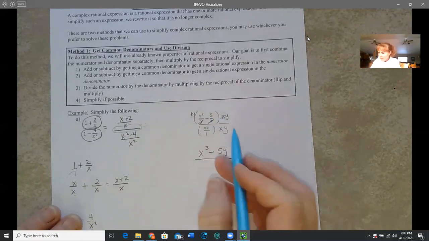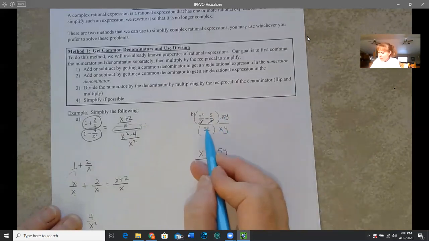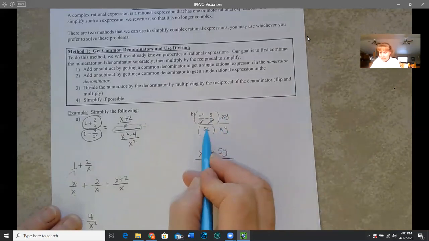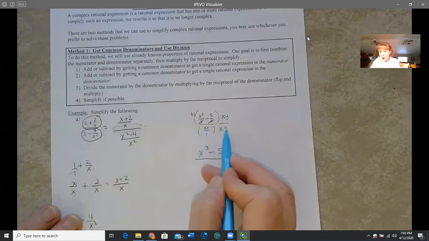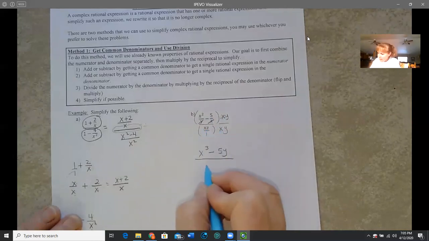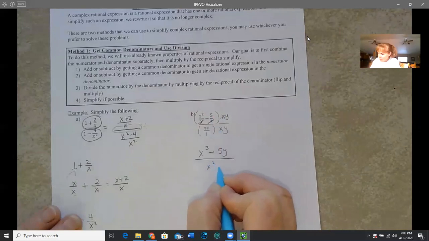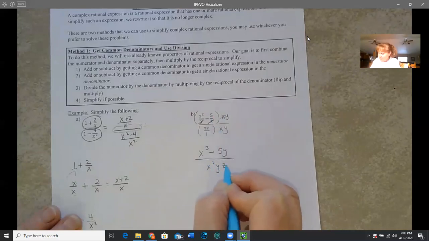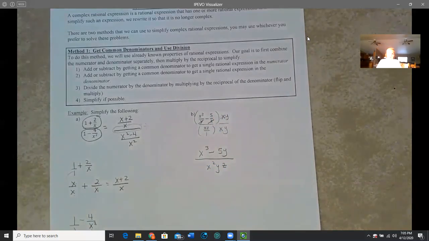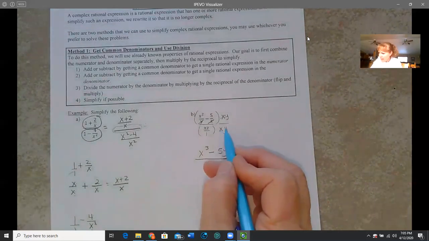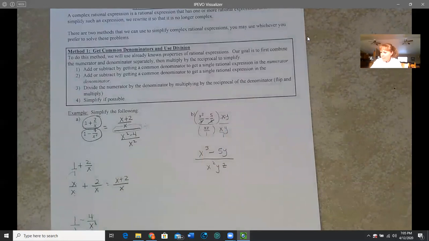Now down here, when you take this xz times xy, you get x squared yz. Nothing cancels because you need to remember that this is xy over 1.